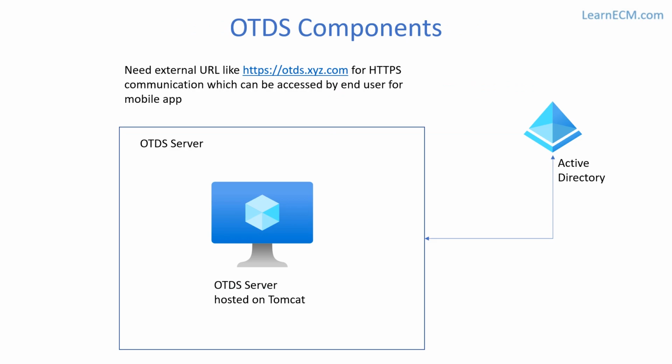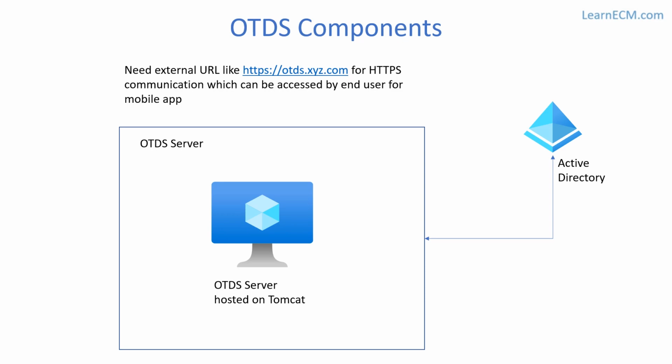The next is the OTDS. Again, we need the URL, like https, whatever is the URL through which we can access the OTDS. We need that during our installation process. This will be used for authentication purposes. There can be multiple ways through which we can authenticate mobile users.